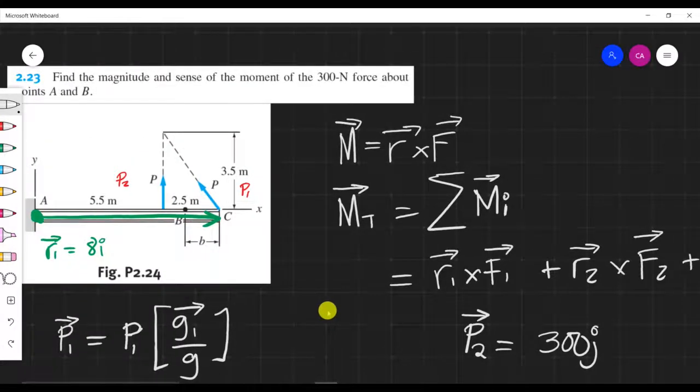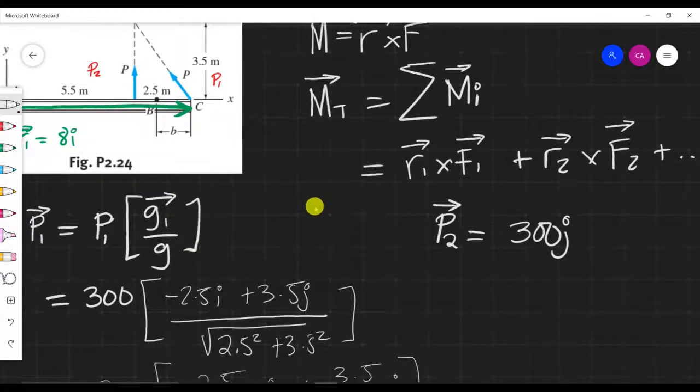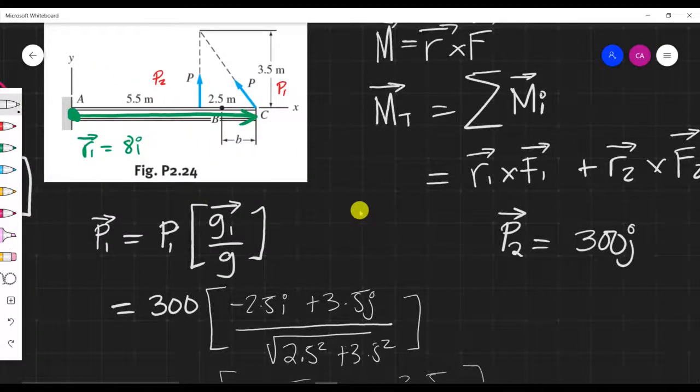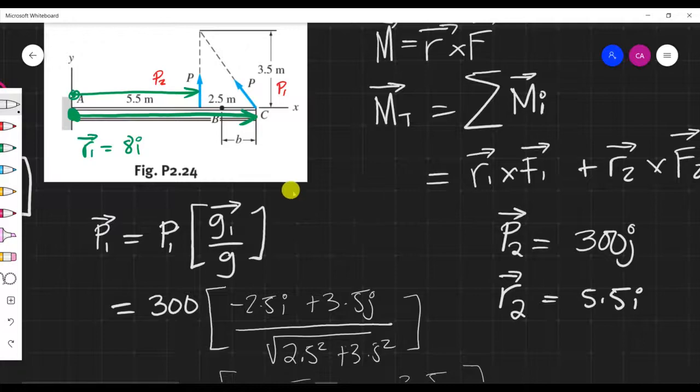Kasi sabi, yung P is 300. Okay? Now R sub 2, kung titignan natin, yung distance vector from point A papunta dito sa P is 5.5.